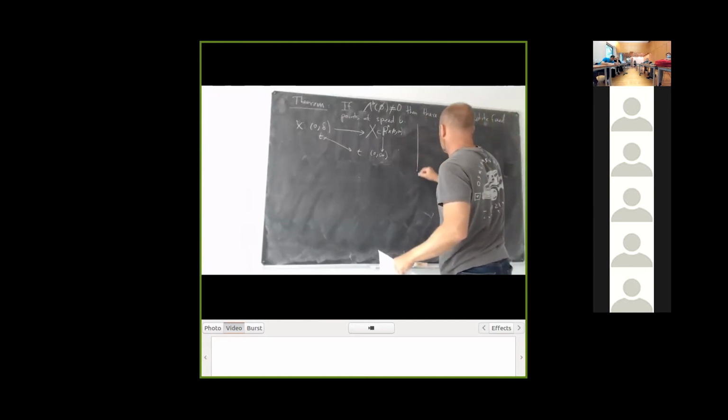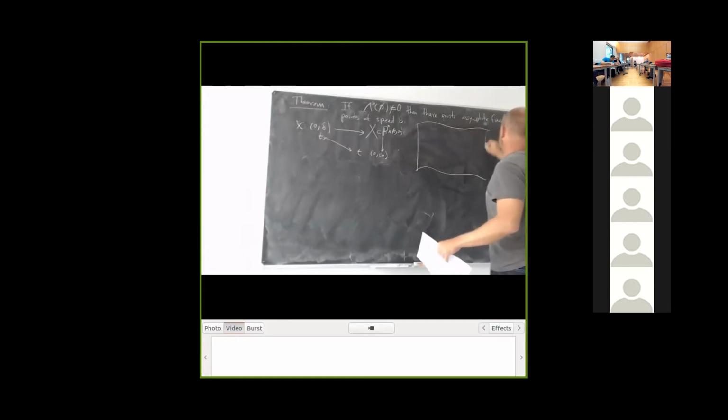I will repeat the picture and the limit. So this is X. This is (0, delta). And now such a family looks like a section. This is x_t, and x_t falls precisely in t.